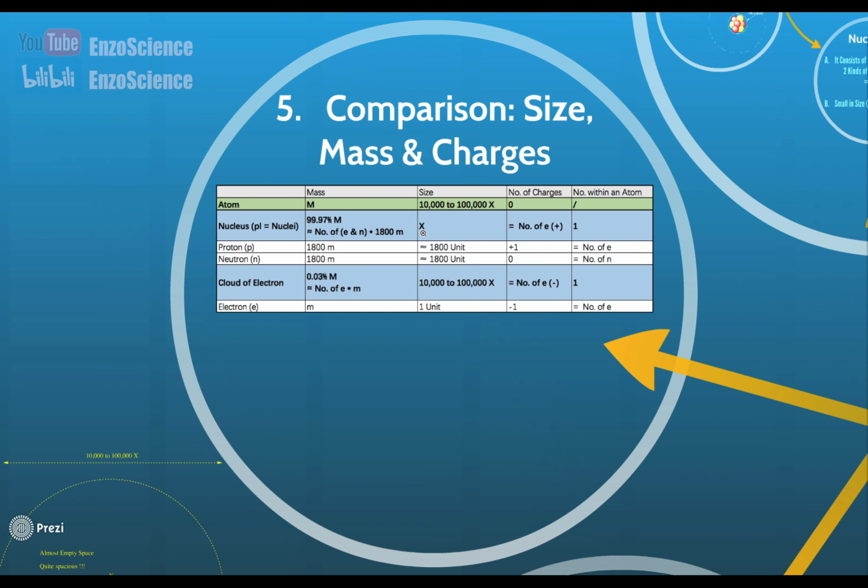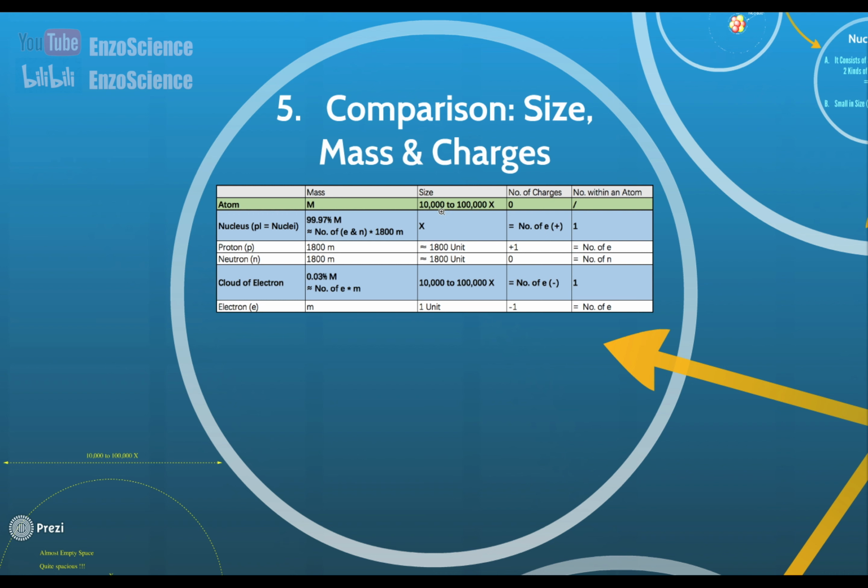Of course, X is larger than 1800 units, and then the size of the electron cloud as well as the atom will be 10^4 to 10^5 X.